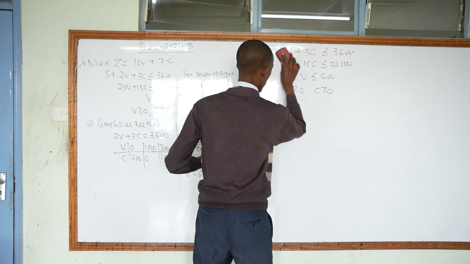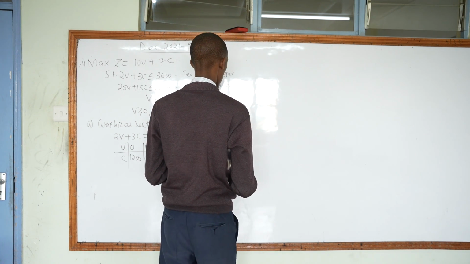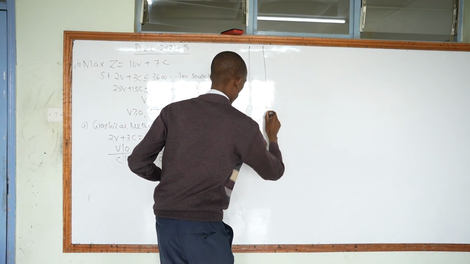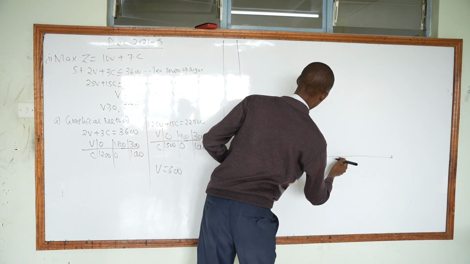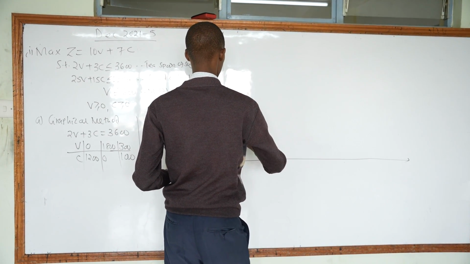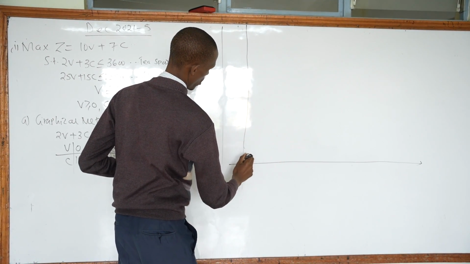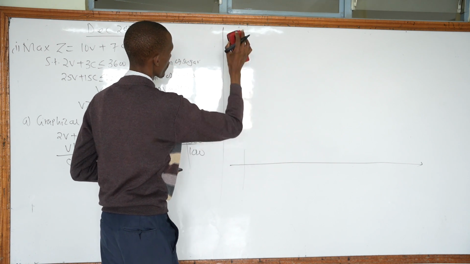So this one you just come up with the graph, to show how you can solve it using linear programming. We need the x-axis, and this one we can call the y-axis. Let me try to draw a straight line.